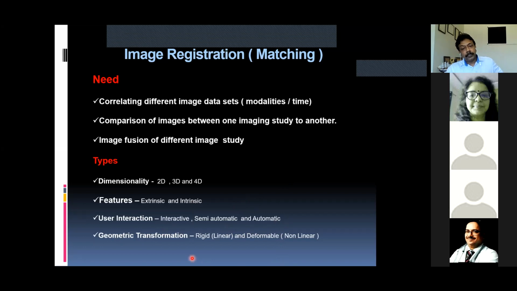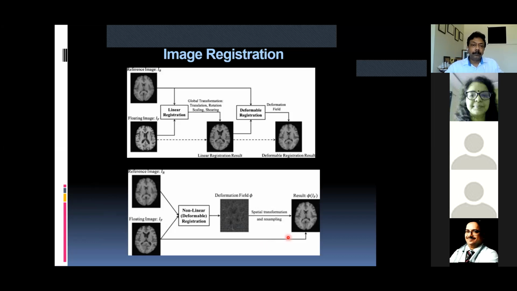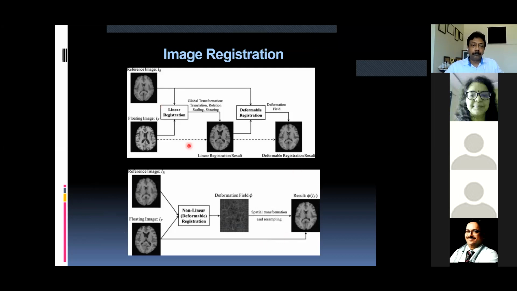According to geometric transformation, it may be rigid or linear, meaning we predefine two points, and the second one is deformable, that is non-linear. The first image is a schematic diagram of linear registration, and the second one is non-linear deformable registration.